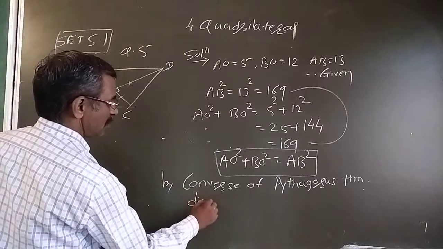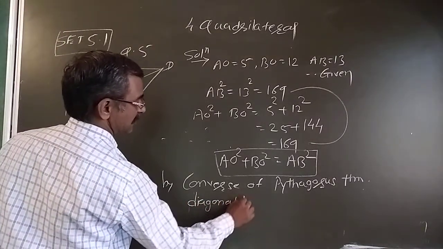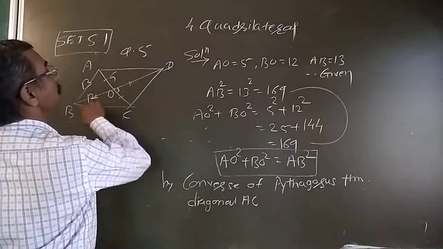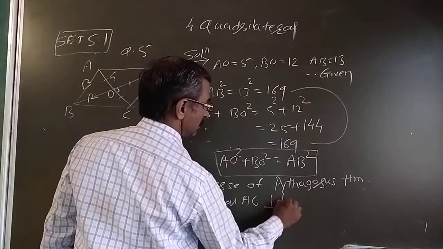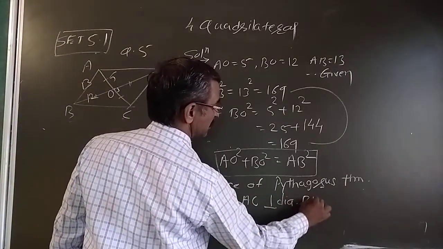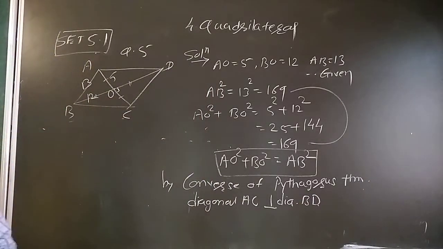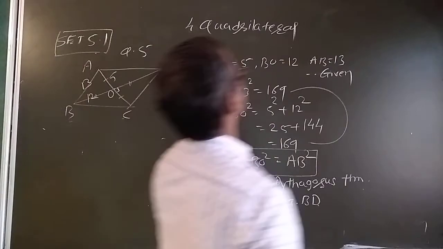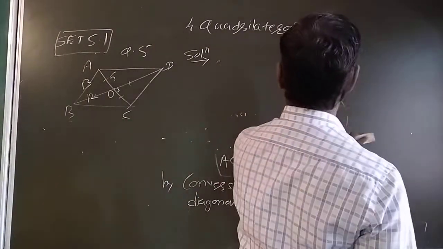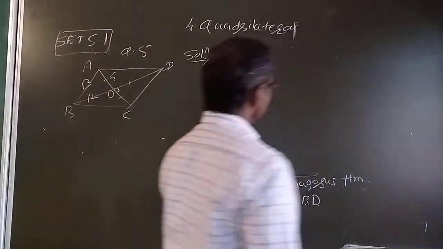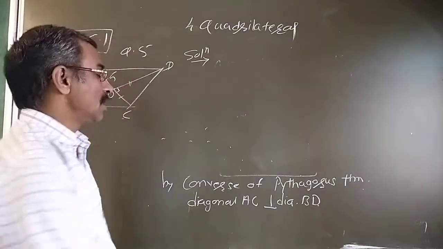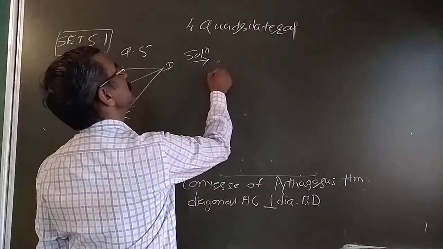That means the diagonal AC is perpendicular to the diagonal BD. So this is the property of a rhombus, where the diagonals of the rhombus are perpendicular to each other.